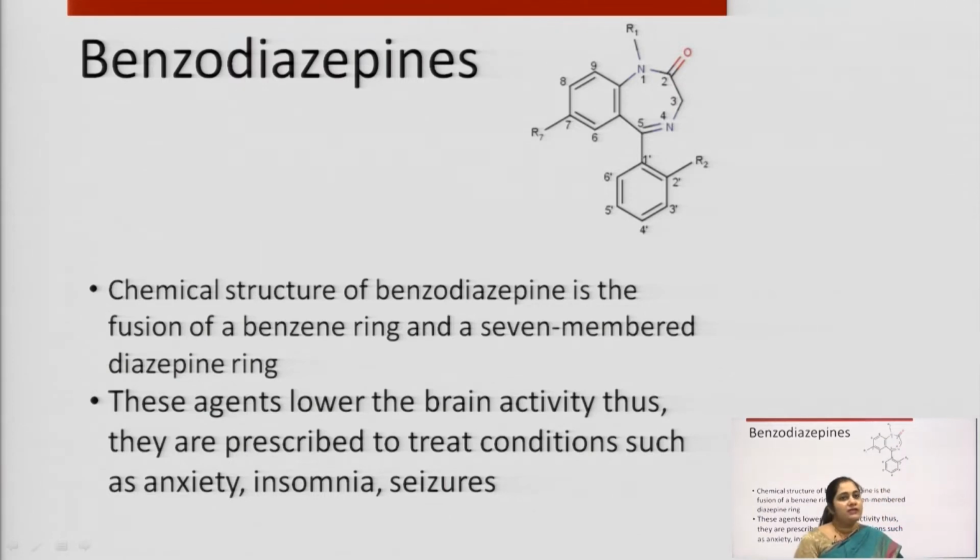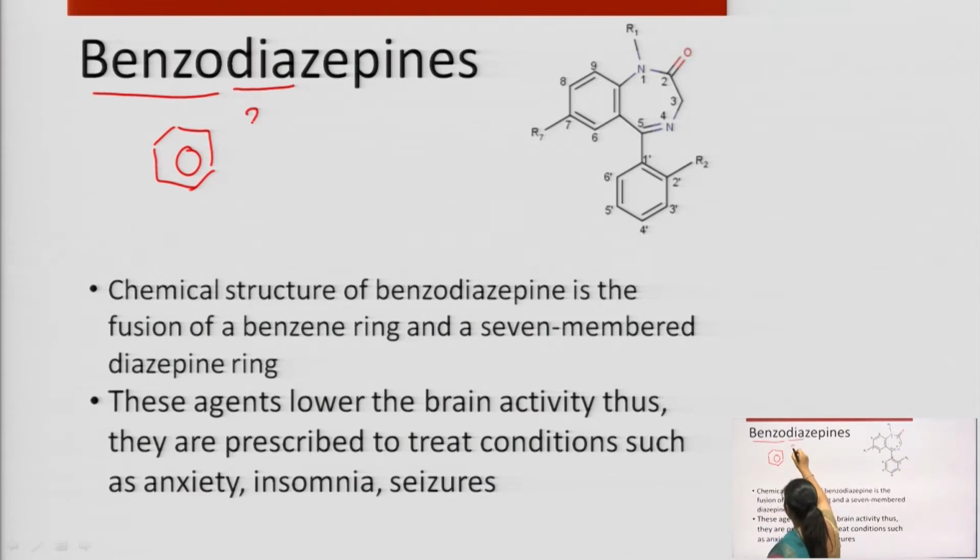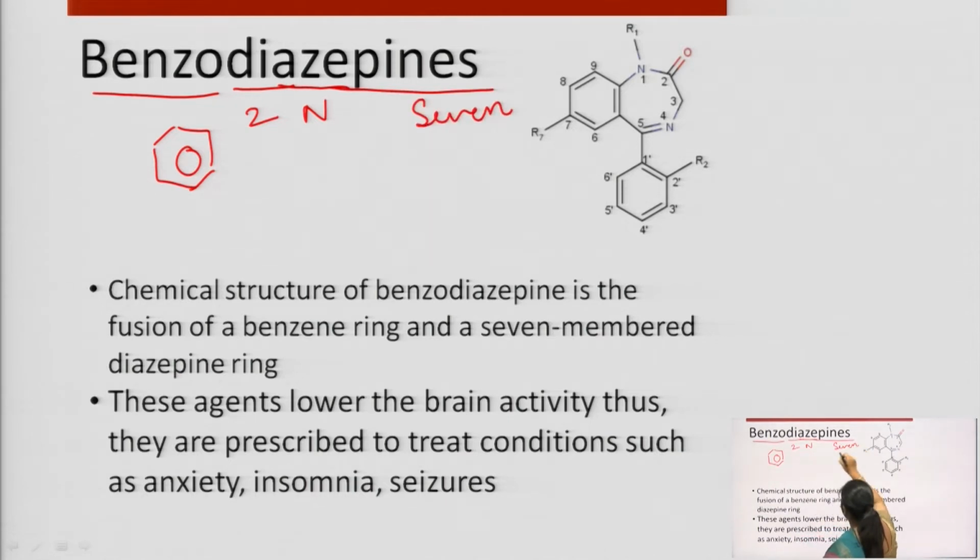To begin with benzodiazepine, first we must know what benzodiazepines are, as we have already studied them in the antipsychotic category. Benzo means benzene, di means 2, aza means nitrogen, and epine means 7-membered ring.